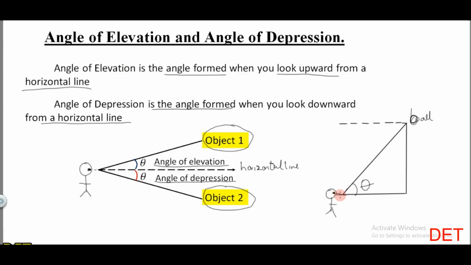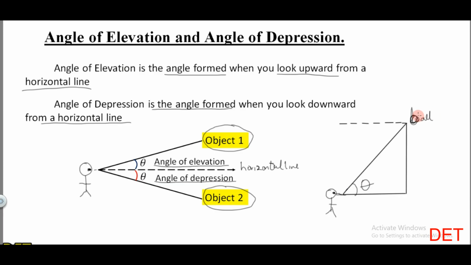Elevation. Because you are looking away from this horizontal line, you are now looking up to look at this ball. So the angle that is formed when this person looks upward from this horizontal line is known as the angle of elevation.